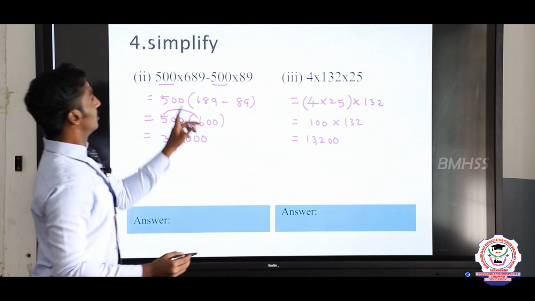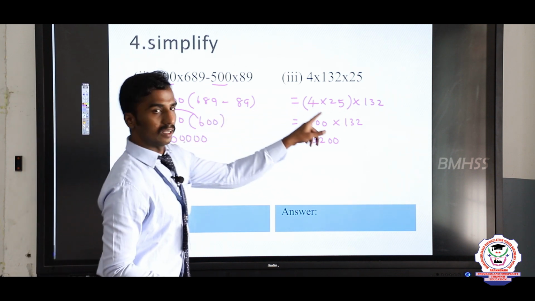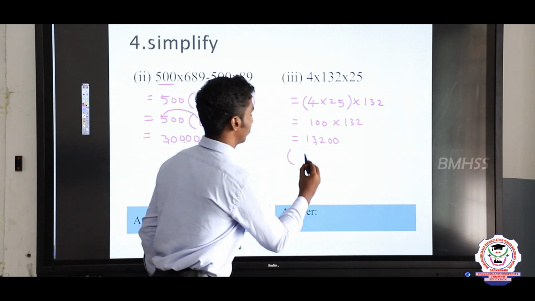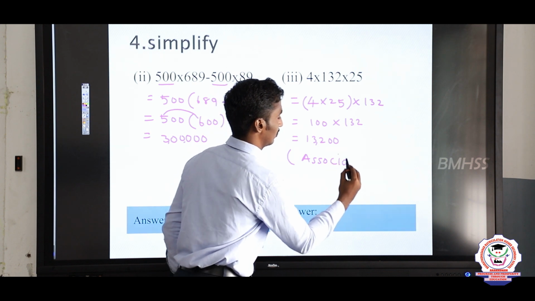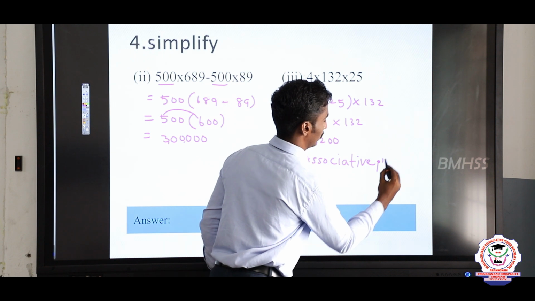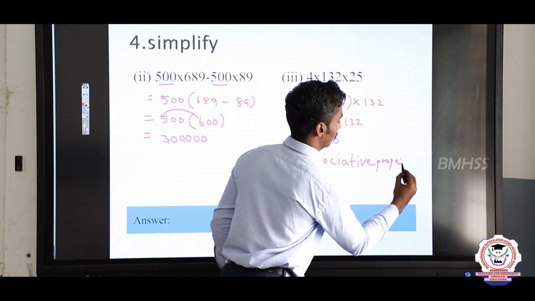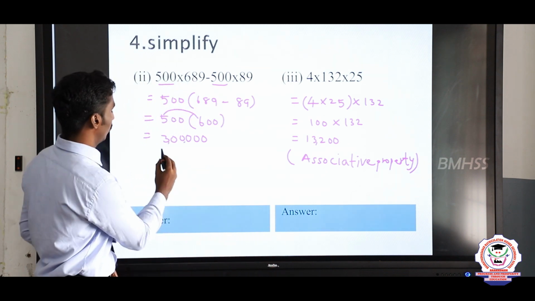Listen, the first property name is distributive property. This one is for associative property. This is distributive.